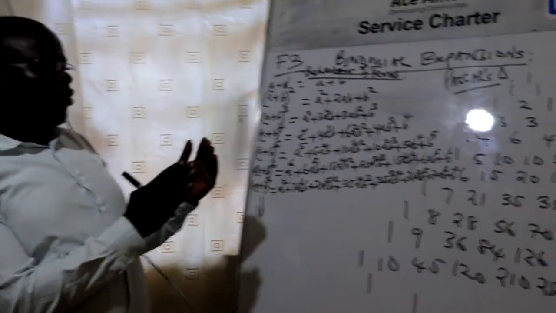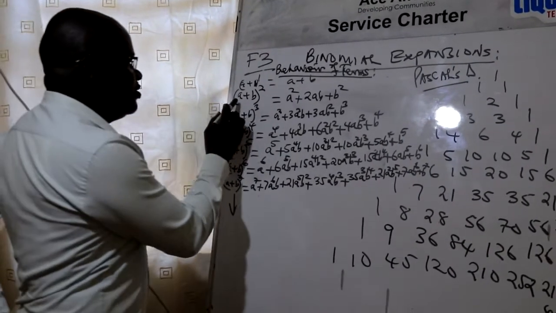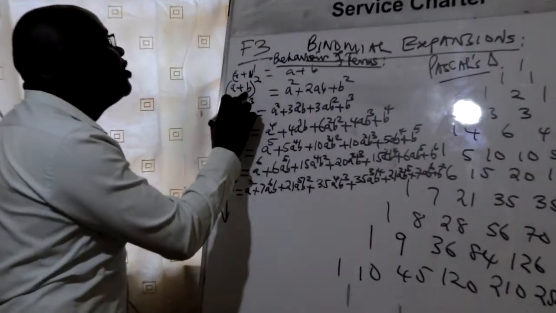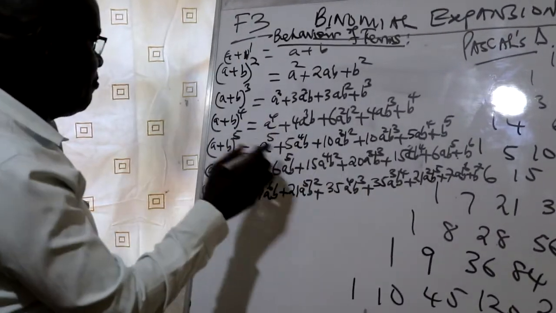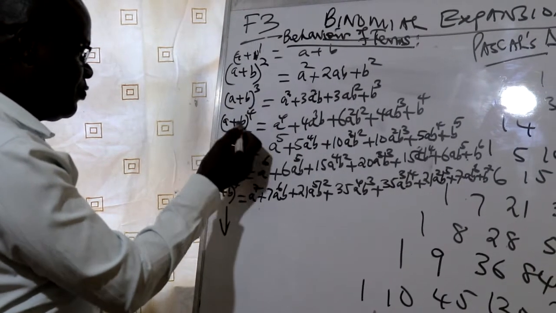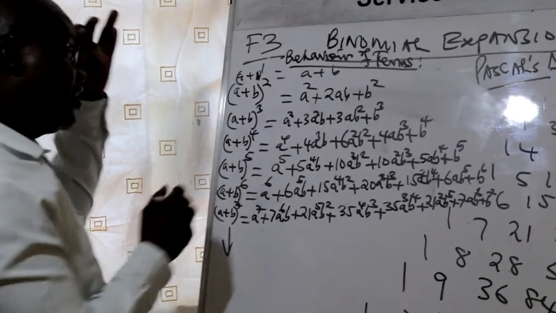Let us now go step by step. Look at this. This A is called the first term. This B is called the second term. So A, B, first, second term throughout. Let us see how they are behaving.